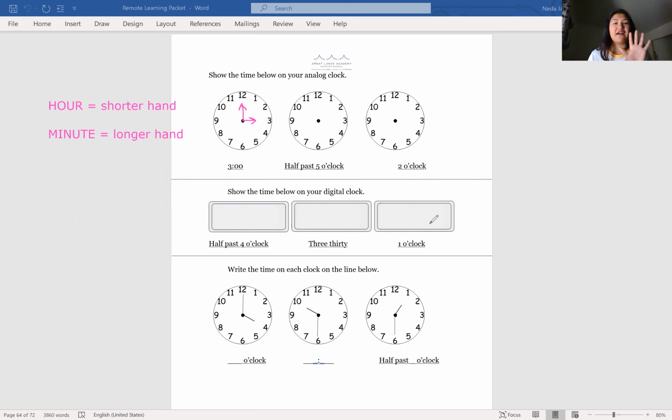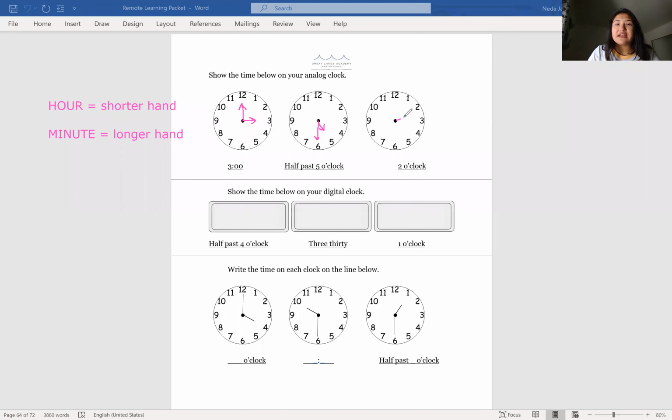So if we're at 5 o'clock, 5:00, half past that would be 5:30. So let's draw the hour hand pointing at 5, short hour hand, and our long minute hand pointing straight down at 30.